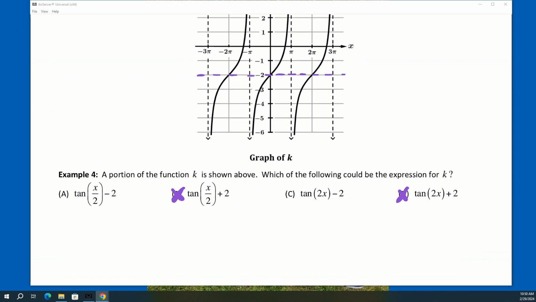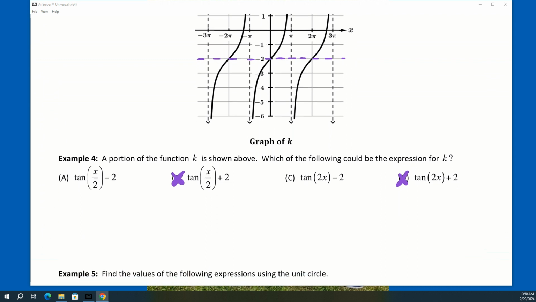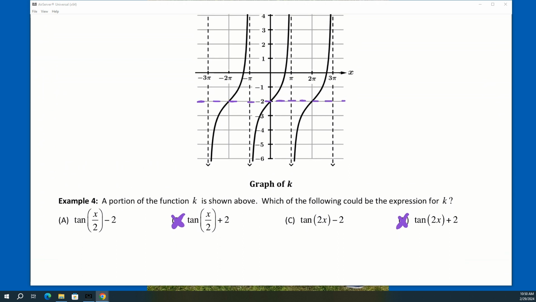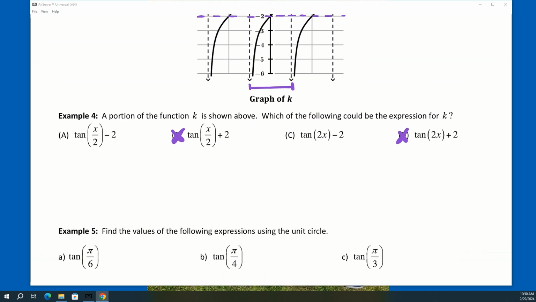All right, so how are we going to decide between if we have x over 2 or if we have 2x? We're going to look at the period. We're going to figure out what b is. So what is the period of this graph? Yes.